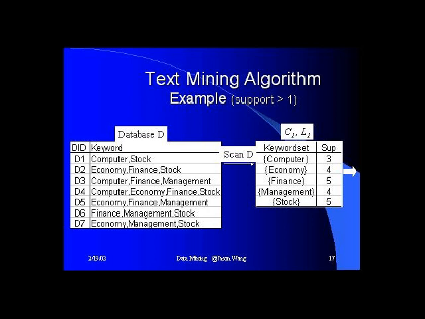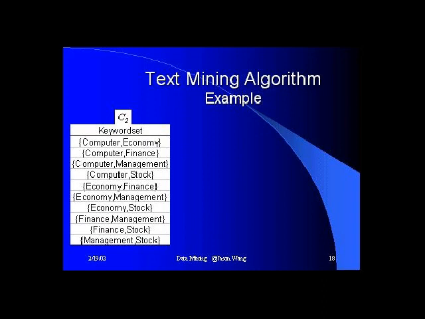Then for economy, you append finance, management, stock, and then finance management, finance stock, management stock, and so on. That's how we generate 2 keyword sets. A 2 keyword set is a keyword set that contains two keywords.